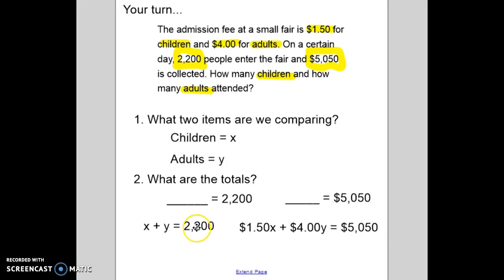Now I have two equations. I know they're a system because their variables are representing the same thing in both equations. Both of my X's are representing children. Both of my Y's are representing adults. As you go on, we're going to show you three different methods of solving these types of equations. But it's good to just practice pulling out the information and making the equations from these word problems to get started.